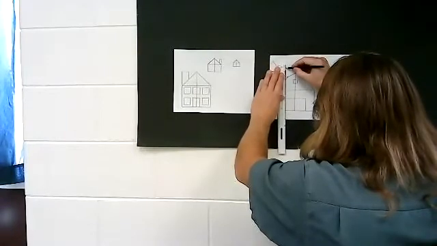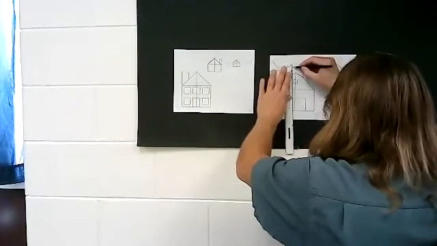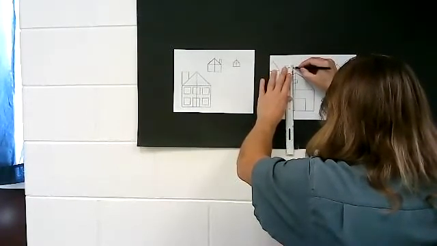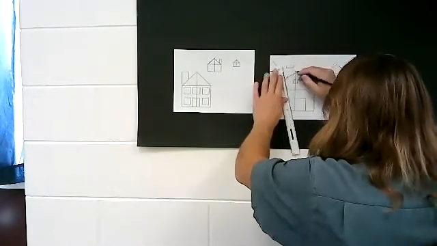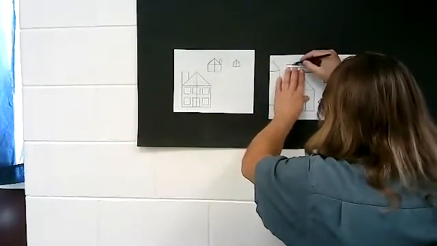Ruler here, I'm going to come up about 1/2 inch again on the wall. Another 1/2 inch on the wall over here. Connect these 2 together.